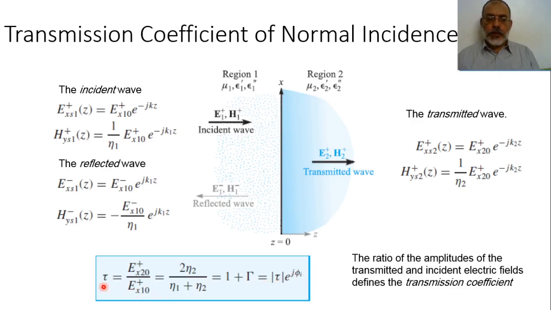So the transmission coefficient can be represented as a magnitude tau multiplied by e to the power j phi t. Okay. And as we say, the ratio of the amplitude of the transmitted and incident electric field is defined as the transmission coefficient. Alright? Okay.